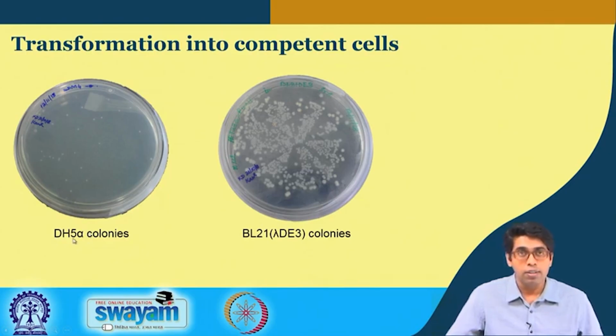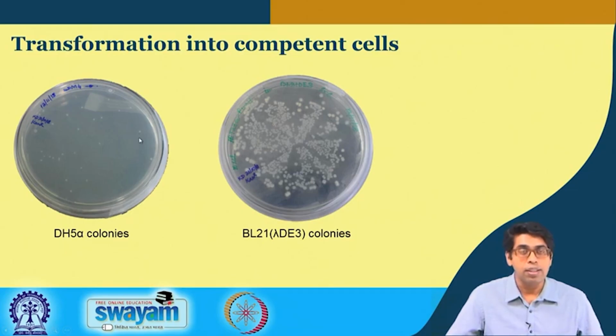So, there are two types of bacterial cells that we use. One is DH5 alpha and the other one is BL21 lambda DE3. So, the DH5 alpha bacterial cells are the ones which are used when you do this cloning reaction. So, you will add your ligation product to these bacterial cells, plate them, and next morning when you come back you see these white spots. These are the colonies that have grown overnight.